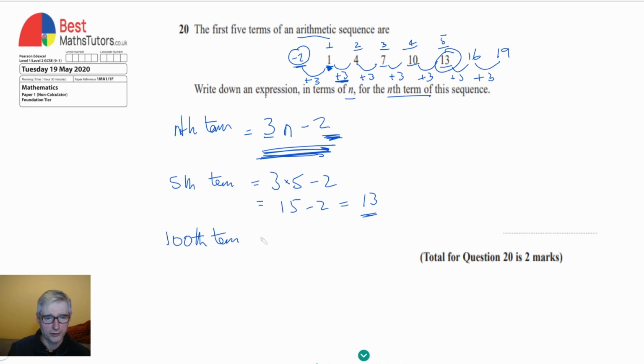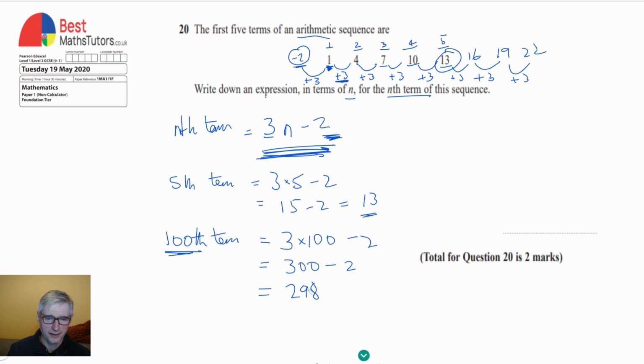So instead of continually adding 3s on, I could just replace n by 100 to find the 100th term. So 3 times 100 minus 2 is the 100th term. 3 times 100 is 300, minus 2 gives me 298.